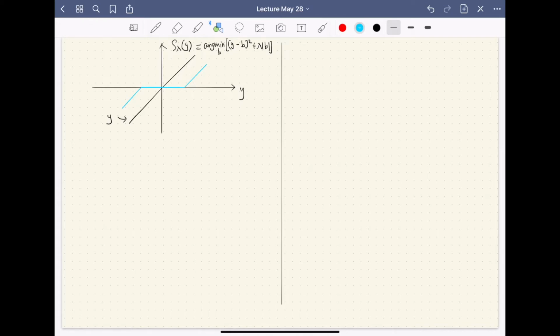Otherwise, it's shifted by some constant. What is important is that no matter how large y is, it's always shifted by the same amount, basically by the order of lambda, O(lambda).